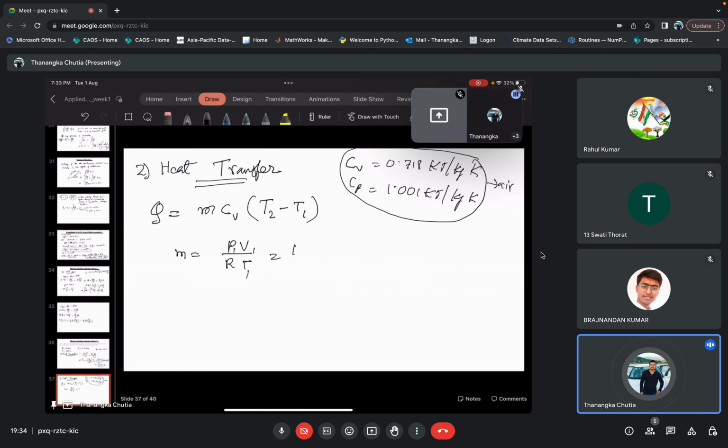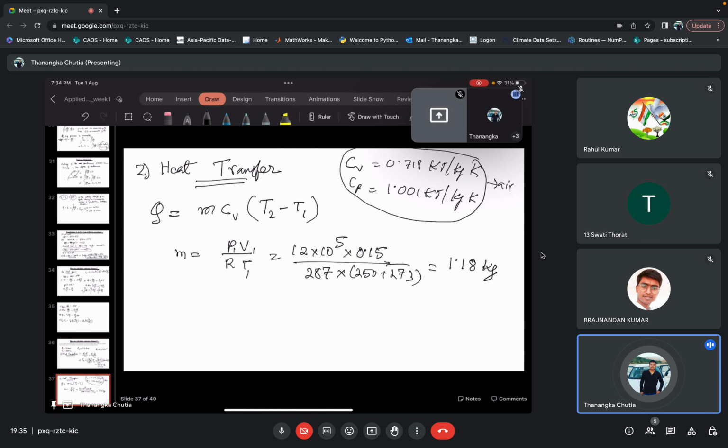So 12 into 10 to the power 5 Pascal, volume is 0.15, and we know the value of R is 287, and T1 is again 250 plus 273. So here you will get around 1.18 kg.